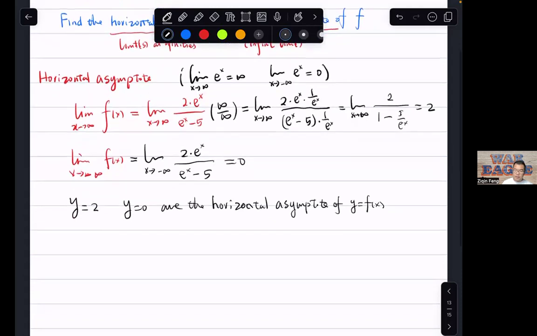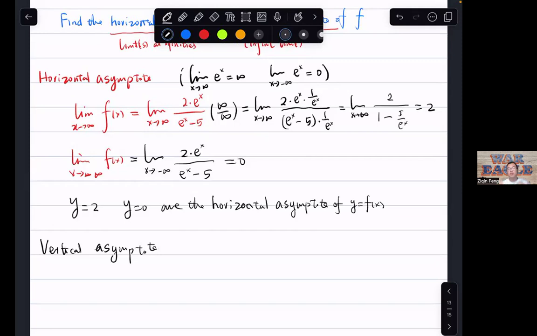Now let's look at the vertical asymptote. We are looking for the numbers at which the function goes to infinity. For the function to go to infinity, the denominator has to go to 0.